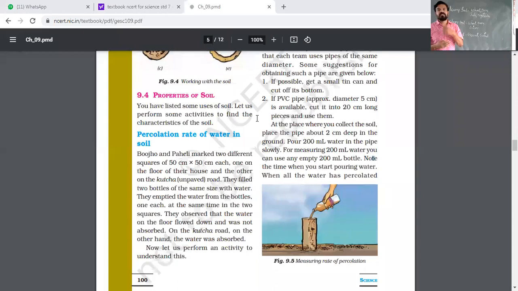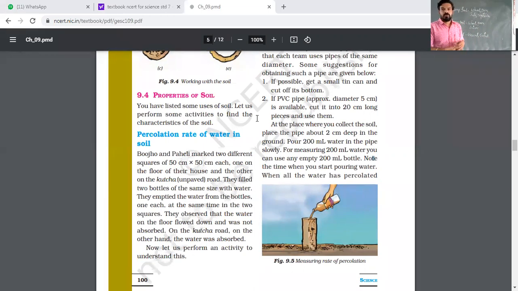As we just discussed, with an activity you can also understand. Take a square of 50 by 50 centimeters on a Kacha road, and on a floor, at home or roadside.